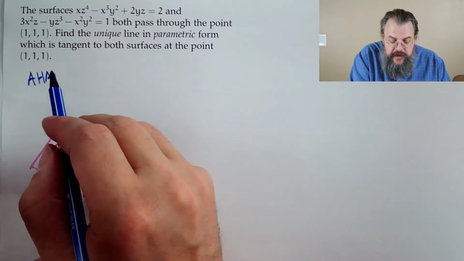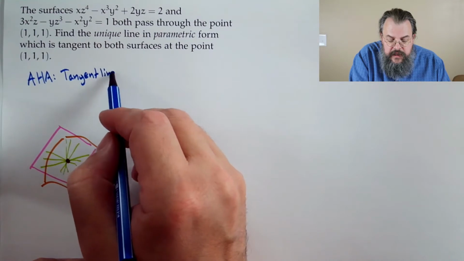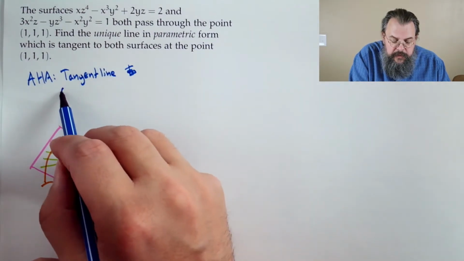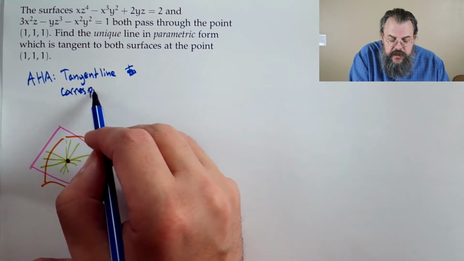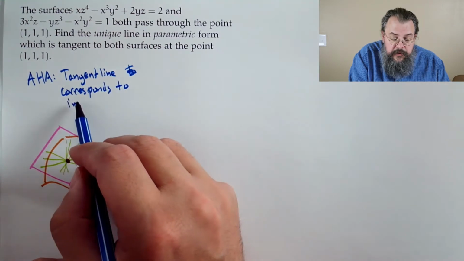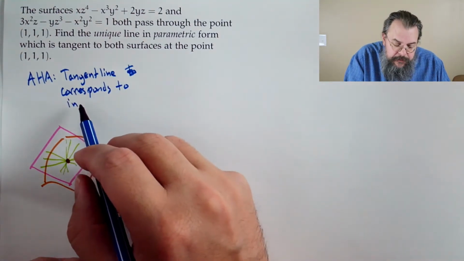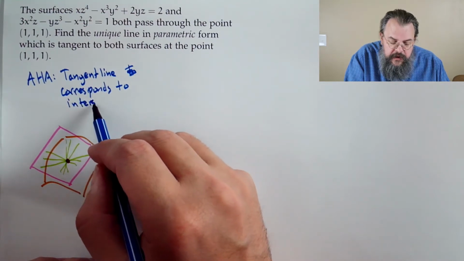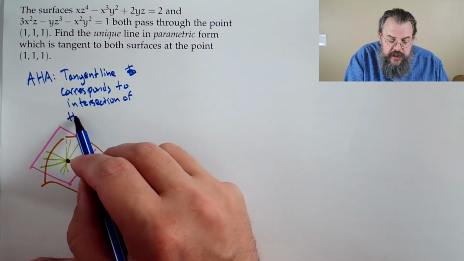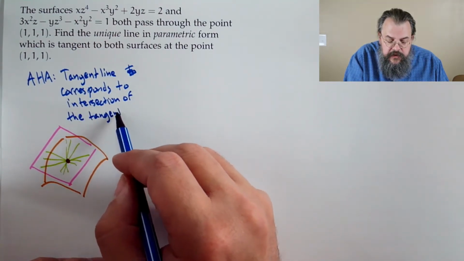Our tangent line is going to correspond to the intersection of our tangent planes, plural. So we say, great. All we have to do now is figure out what's happening with our tangent planes, and in particular, find our intersections. Well, it's not so bad.